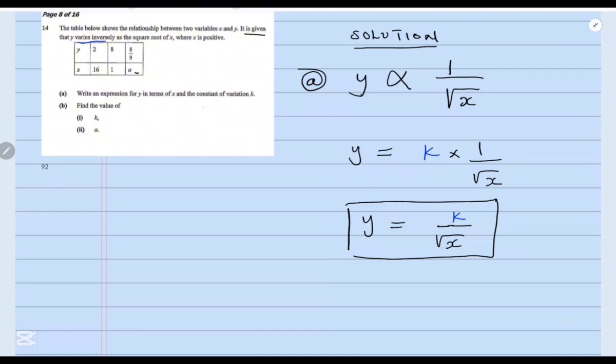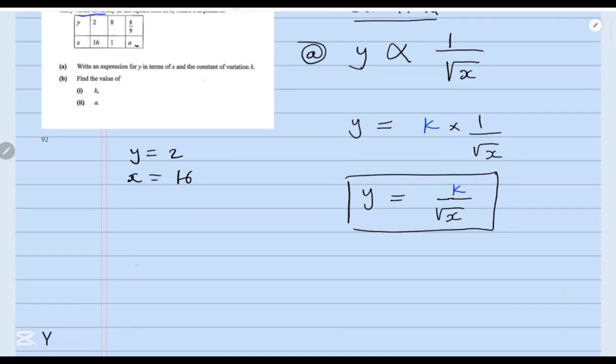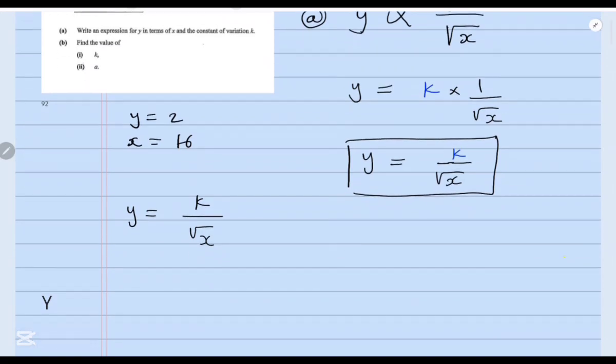For example, if I decide to take y equal to 2 and x equal to 16, I can find k. Okay, let's try. Our equation is y equal to k over root of x. Y is 2, equal to k, which I don't know, over root of 16.